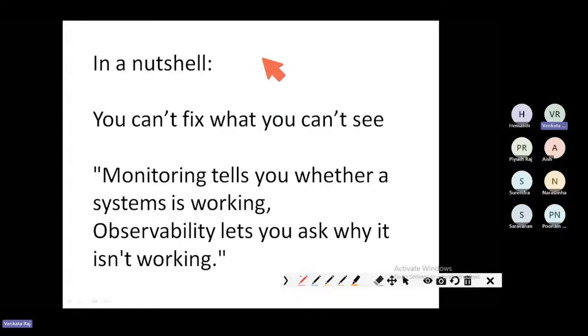In most of the projects, do you think the monitoring tools or the observability tools are available, or do you think they are not available?